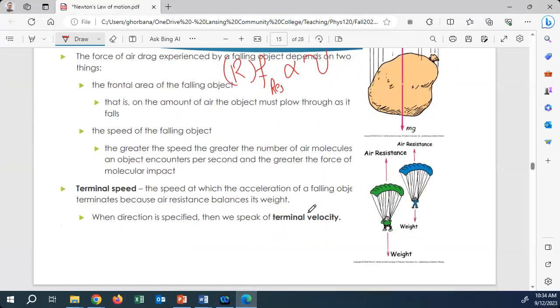Let's see what happens. You are in an airplane. You are trying to do the skydiving. You jump into the air. And at the very beginning, what force is exerting on you? Force of gravity, at the very beginning.